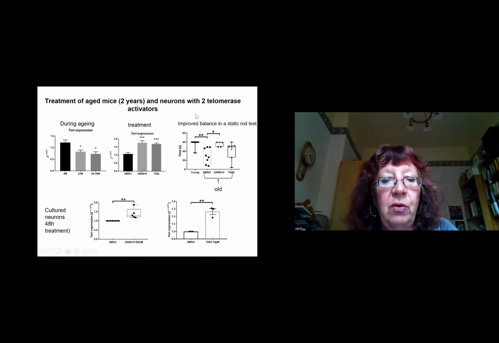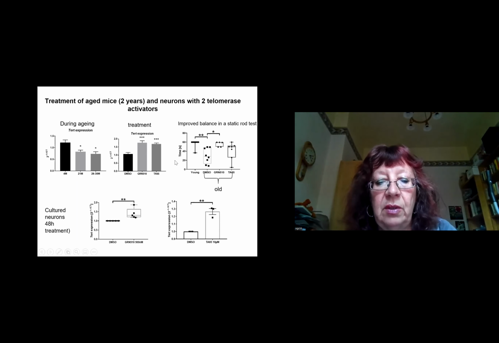And if we now use these two activators and treat those 2-year-old mice, we see a significant increase in the TERT expression levels of both activator-treated brains compared to the controls, which are treated with DMSO, because both components are dissolved in DMSO.